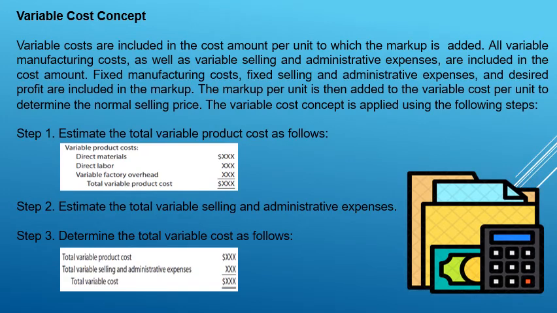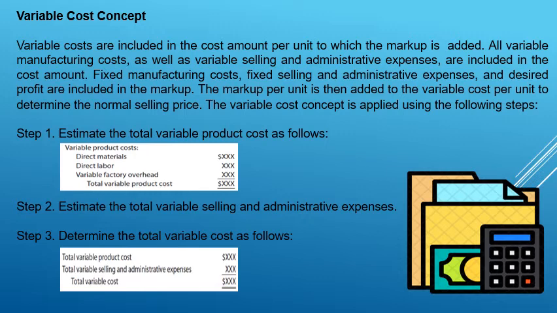Let us now proceed to the last topic, which is the variable cost concept. So these costs are included in the cost amount per unit to which the markup is added. All variable manufacturing costs, as well as the variable selling and administrative expenses, are included in the cost amount.